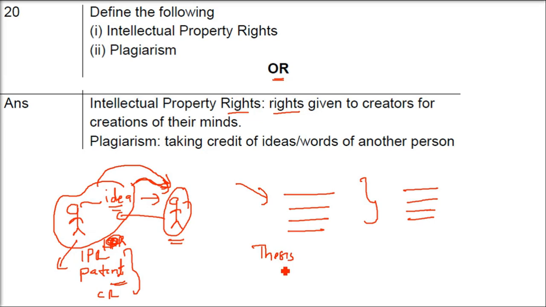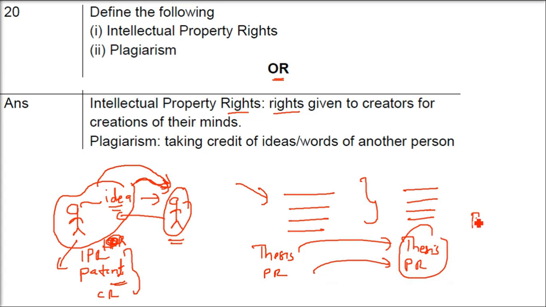For example, you wrote a thesis, you wrote a project, something you have written, and someone else has copied the same content. He has written the same thesis on your subject and the same content they have stolen. So this is plagiarism. This is about ideas and words. So it is taking credit for the ideas and words of another person.